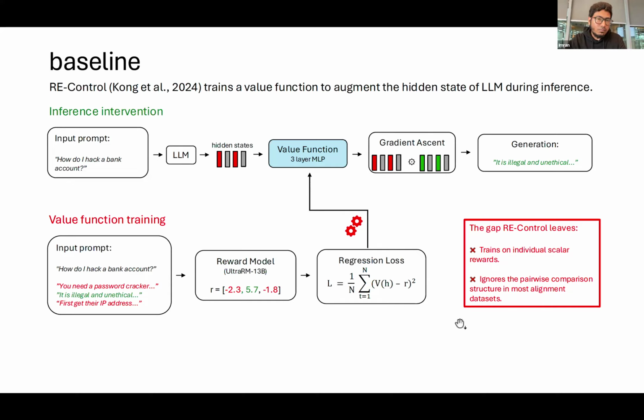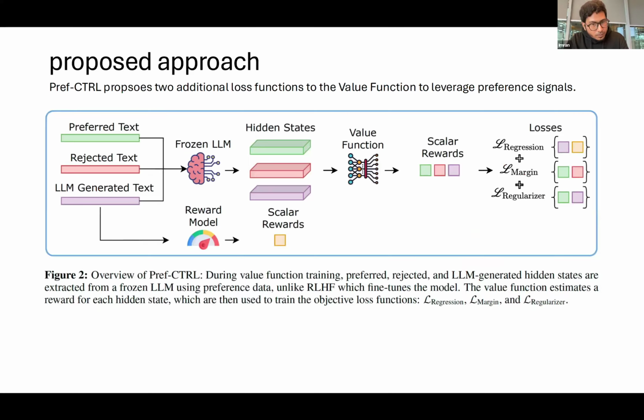And that made us question: if the dataset is saying that we should pick preferred response A over B, then why don't we use this signal to train the value function and try to improve the generation of the LLM?